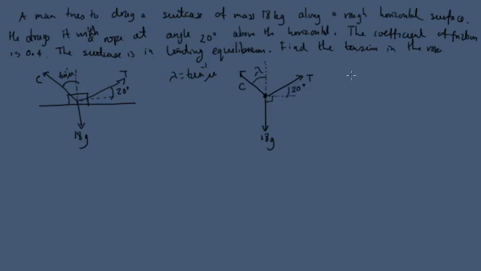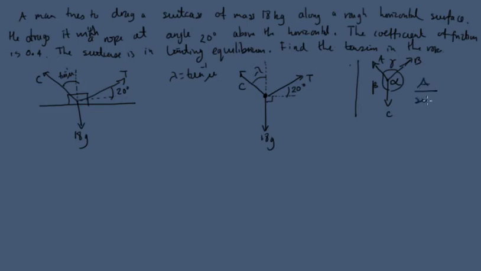So I'll just remind you, Lami's theorem is if we had, say, A, B, C, where this is angle alpha, this is angle beta, and this is angle gamma.